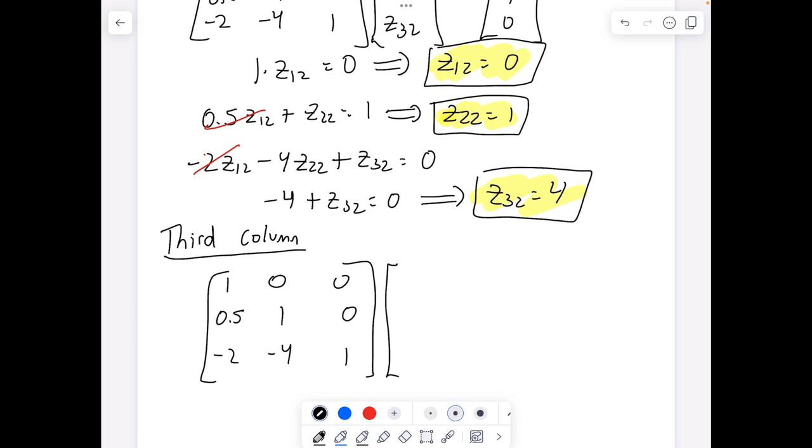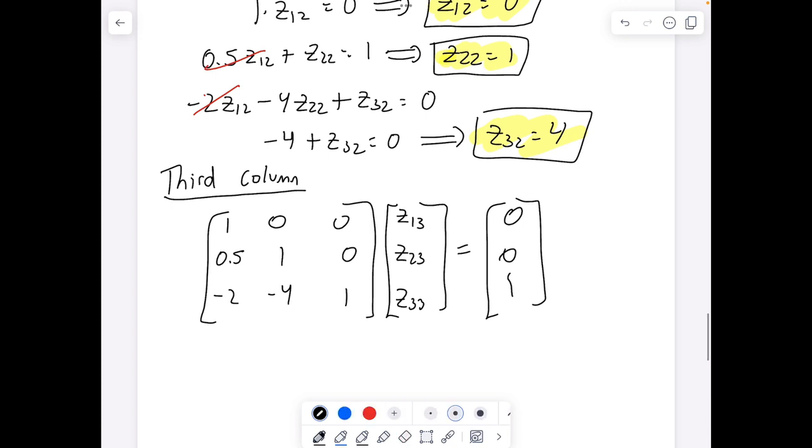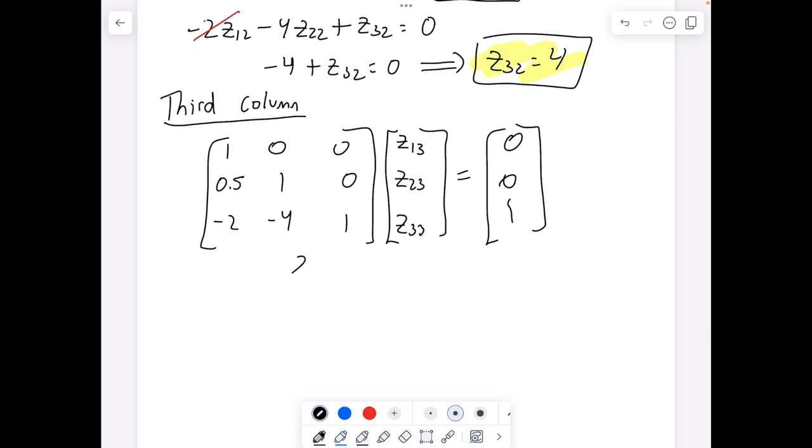This is our third column, so Z13, Z23, and Z33. That has to be equal to 0, 0, 1. So looking at the top equation, Z13 is 0. It has to be because it's 1 times Z13 plus a bunch of zeros equal to 0.